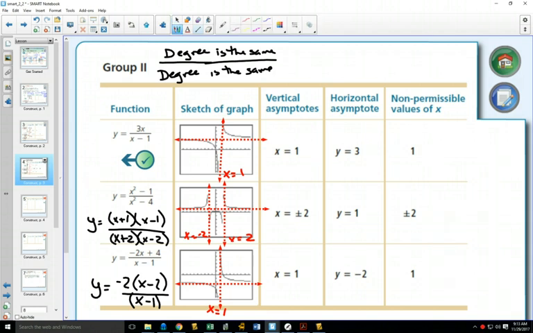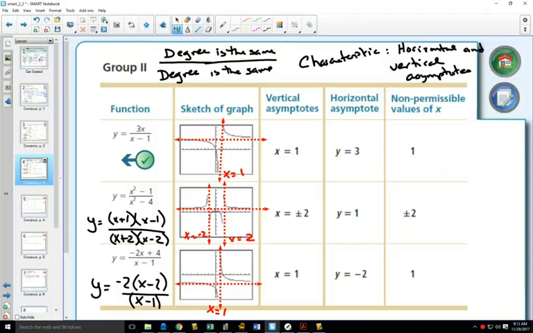So our characteristic, if we're going to write down the main characteristic of all of these, is that we have both horizontal and vertical asymptotes. So how do we find out where those horizontal asymptotes are?